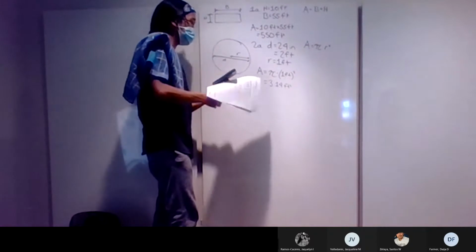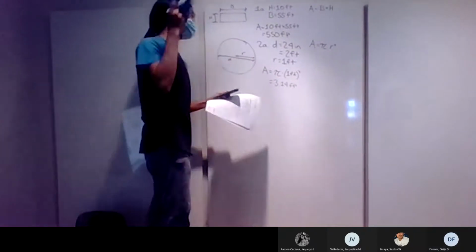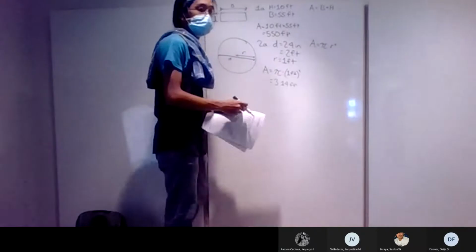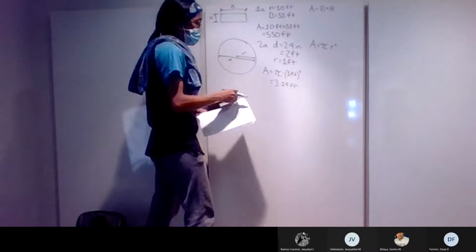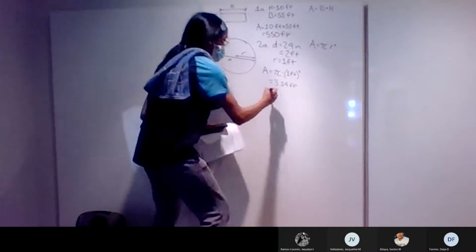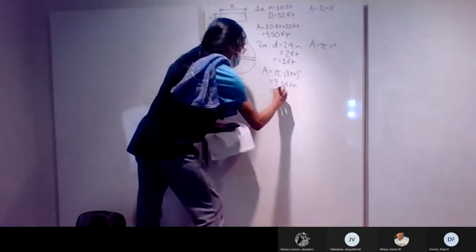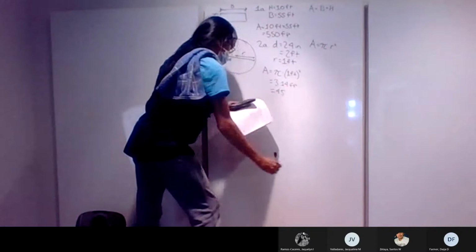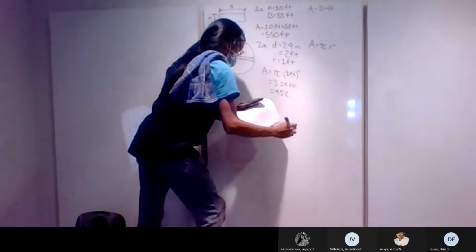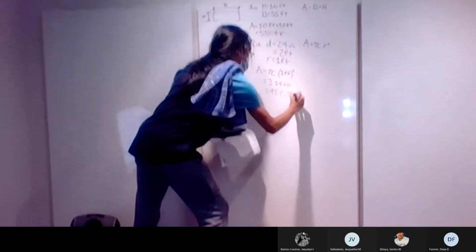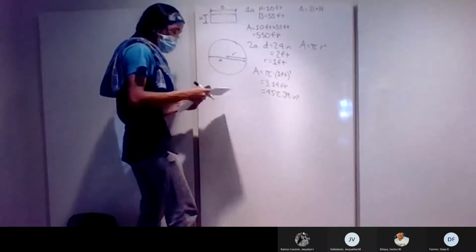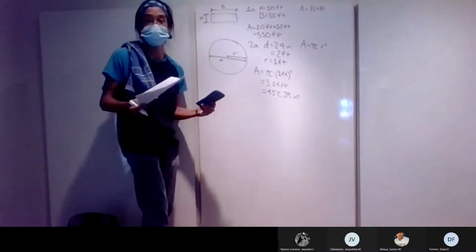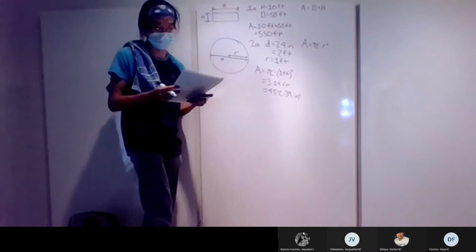If you did it in inches instead, you would be putting 12 inches in the parentheses for R. So it'd be pi times 12 inches times 12 inches, and you would get 452.39 square inches. I just put square inches because I started off with inches, but I guess there's really no harm in putting square feet.